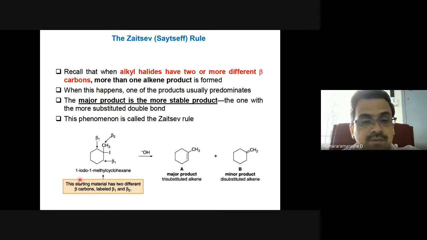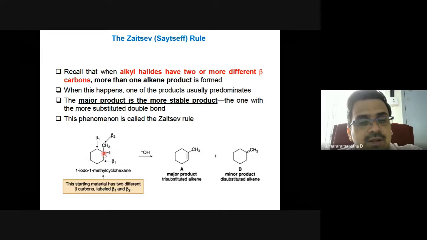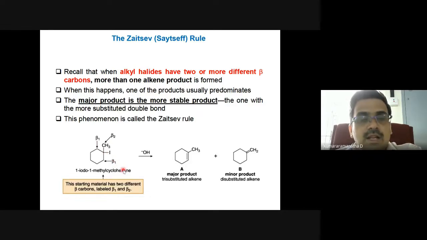So you can see here you have iodo-methylcyclohexane. This is the molecule, and you can see several beta carbons here, beta 1, beta 2, and so on. If you add a nucleophile, what happens? You form a double bond with halogen removed from this place and hydrogen removed from this place, because if I'm not showing anything, it is obvious it has hydrogen.